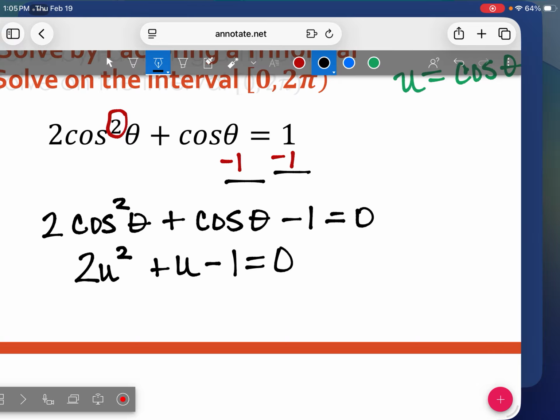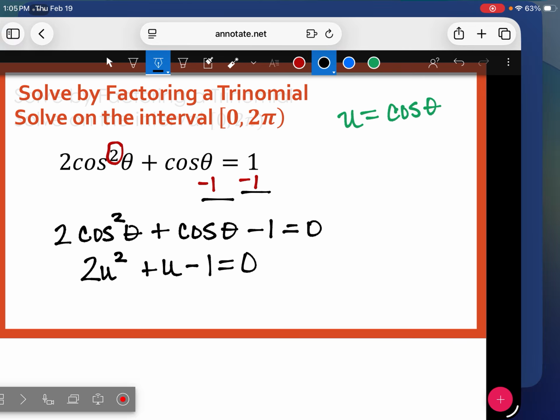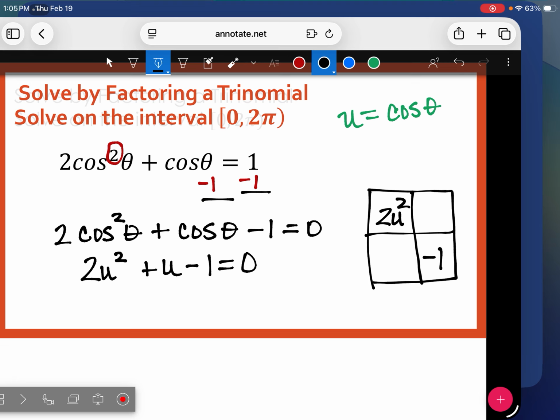So cosine is that. Okay. So I'm gonna make my box. 2u squared goes here. Negative 1 goes here. So I need two numbers that multiply, because remember, it's always A times C. So that would be a negative 2 on the top.